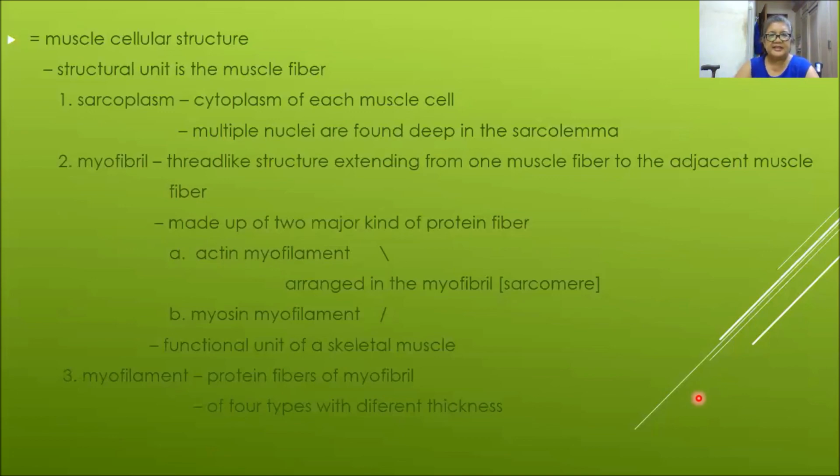These are the thread-like structures extending from one muscle fiber to the adjacent muscle fiber. There are two types of protein fiber: the actin myofilament and the myosin filament. Now your actin and myosin myofilaments are arranged in myofibril sarcomeres. So these are the ones which will make up the fibril.